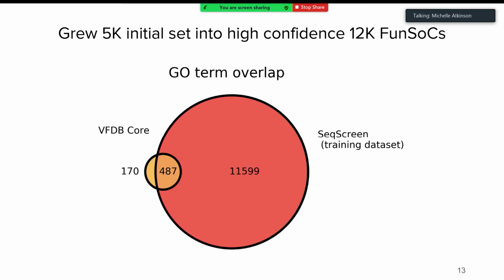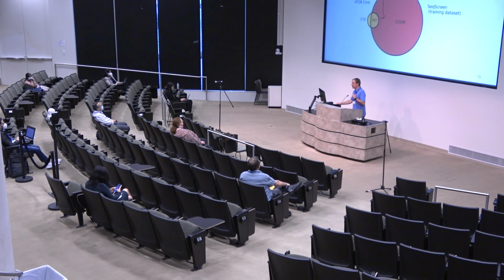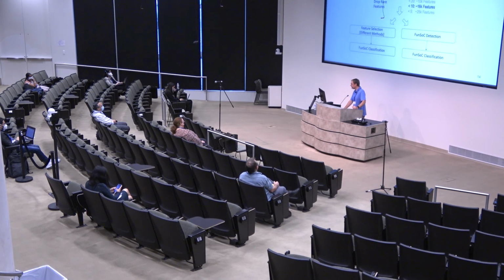We only have about 500 that have anything associated with functions of sequences of concern, versus our curated database that has 12,000 examples. While that doesn't seem like a massive number, it did take a lot of effort, and it is quite a bit more comprehensive than what's out there currently. So we have this set of 12,000 sequences that we can start using to train our models on.